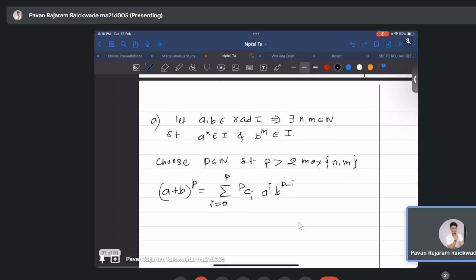In this expansion, for each i, either i will be greater than the maximum of n, m, or p minus i will be.